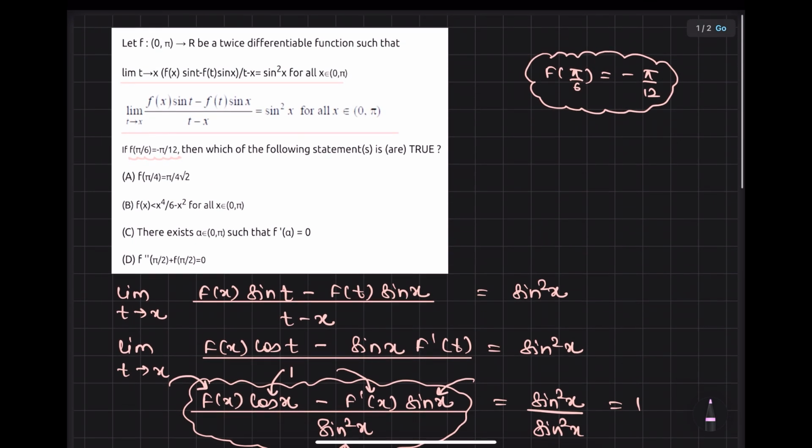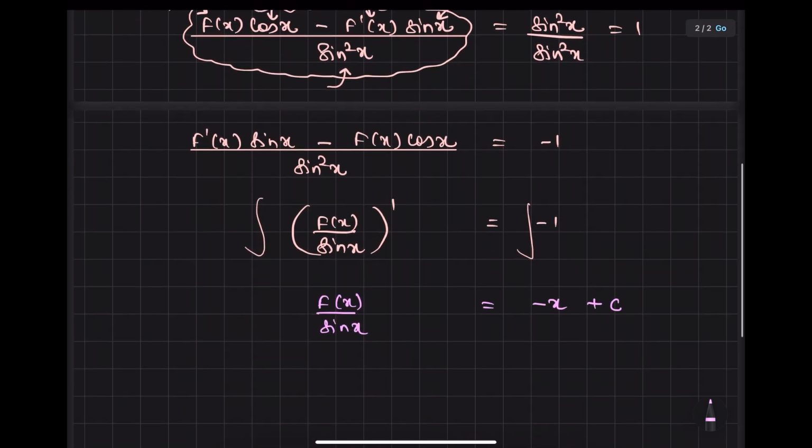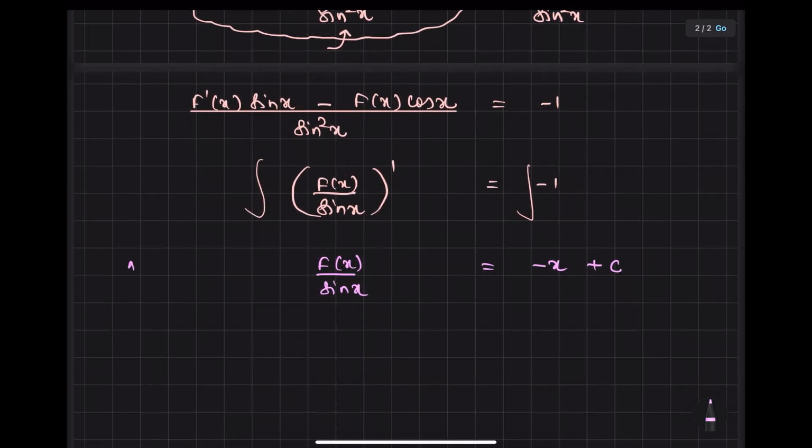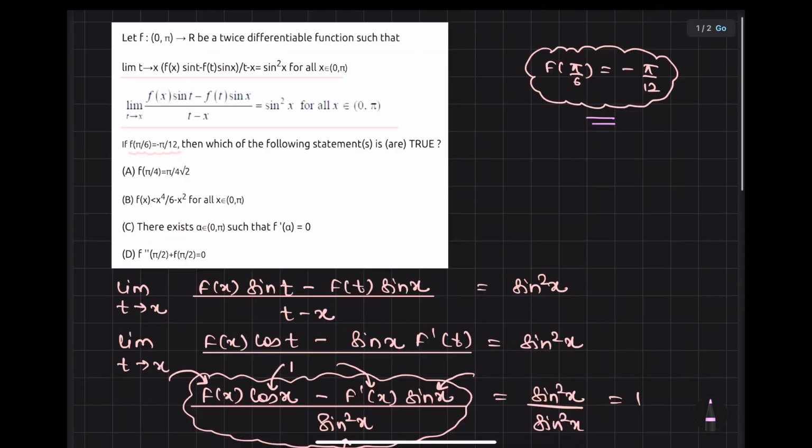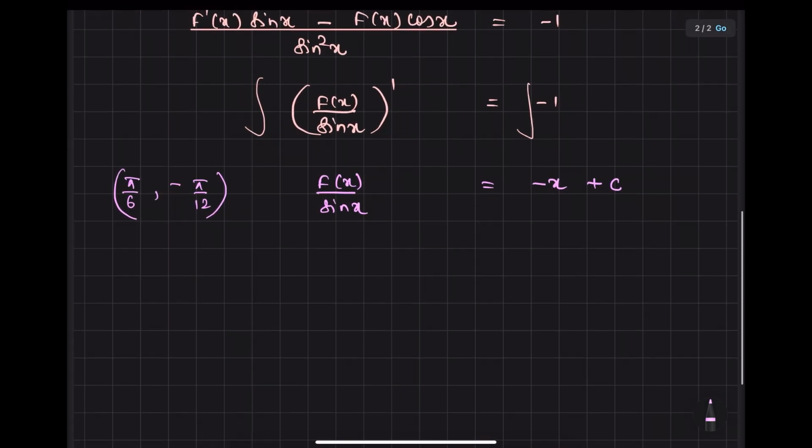For that they have given you this thing. So you have to replace x with pi by 6 and f of x with minus pi by 12, hopefully. Yes, minus pi by 12. So x is pi by 6. So over here you will be writing minus pi by 6 and then sine of pi by 6.